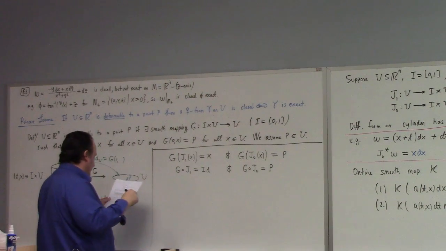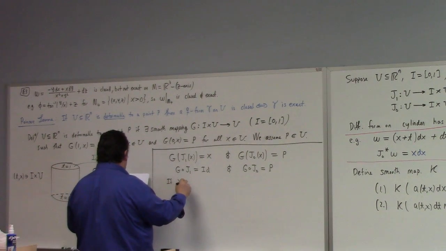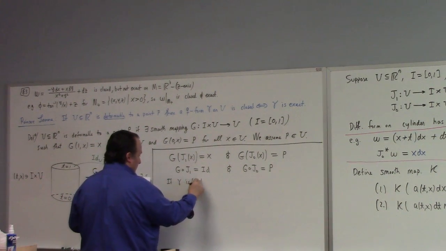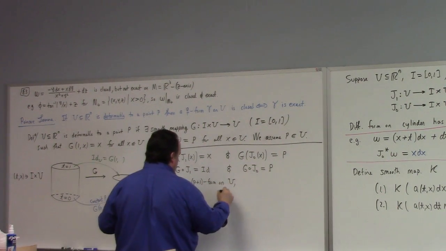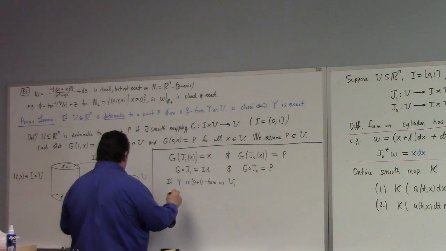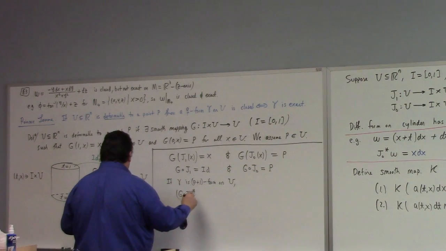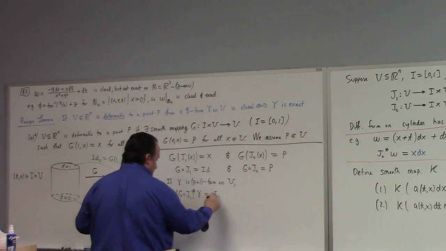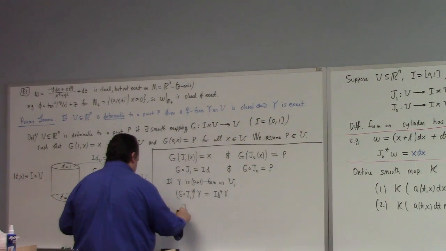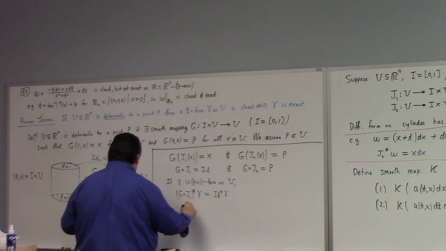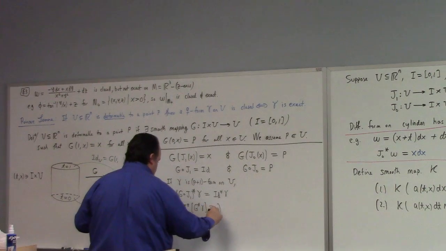So if we take a P plus 1 form, if gamma is a P plus 1 form on U, then we can pull it back, right? G composed with J1 pullback gamma is equal to the identity pullback gamma, which tells us that J1 pullback G pullback gamma is equal to gamma.